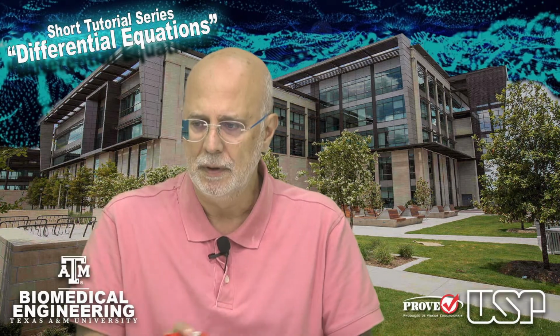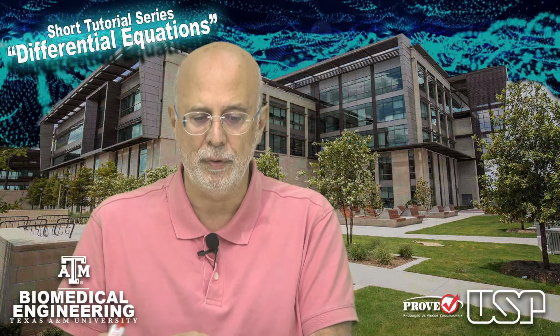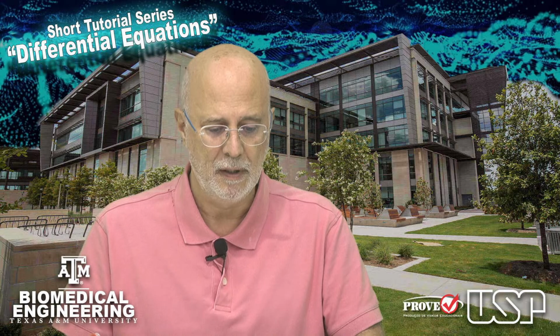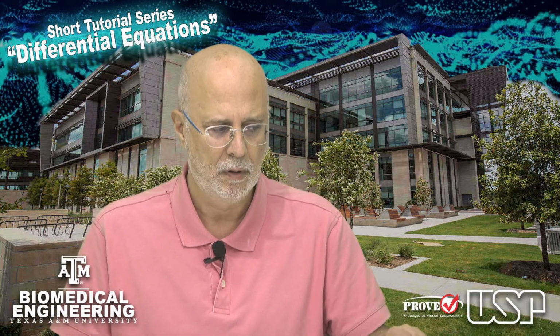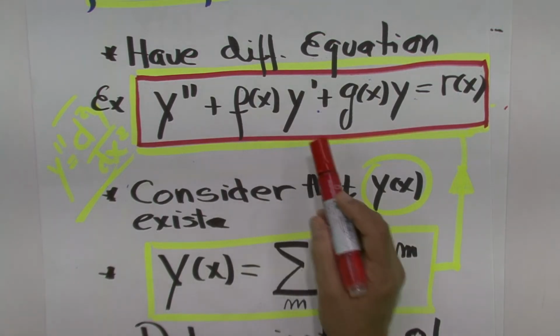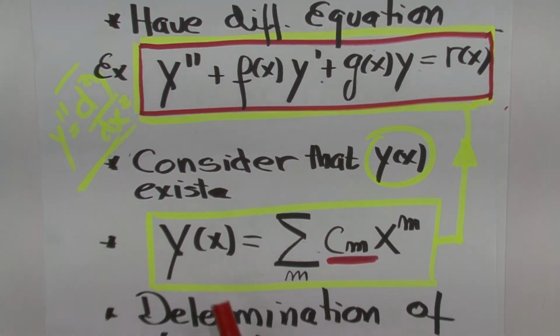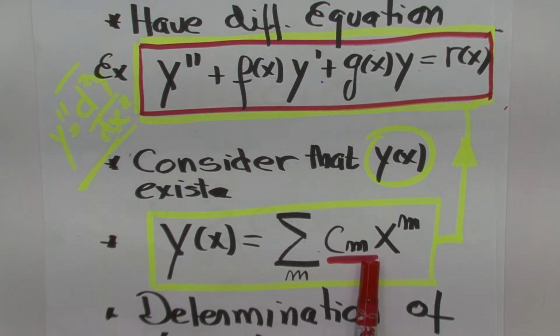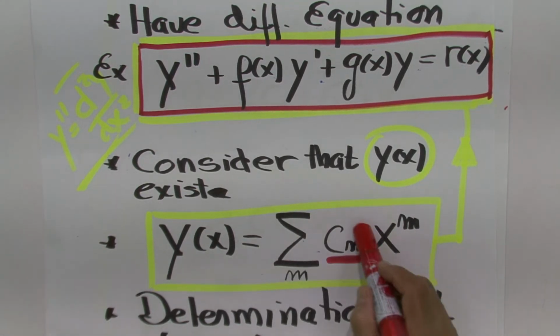Before I start the examples, I want to review what we're doing here. We have an equation. We want to solve this equation. And we are saying that the solution is a power series. Now we need to determine the coefficients.